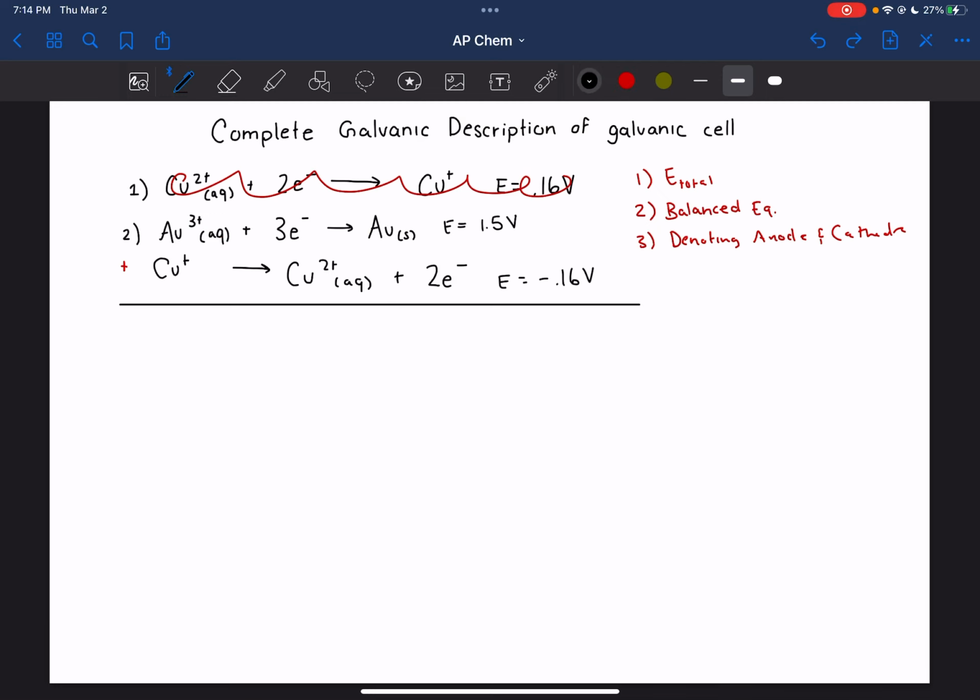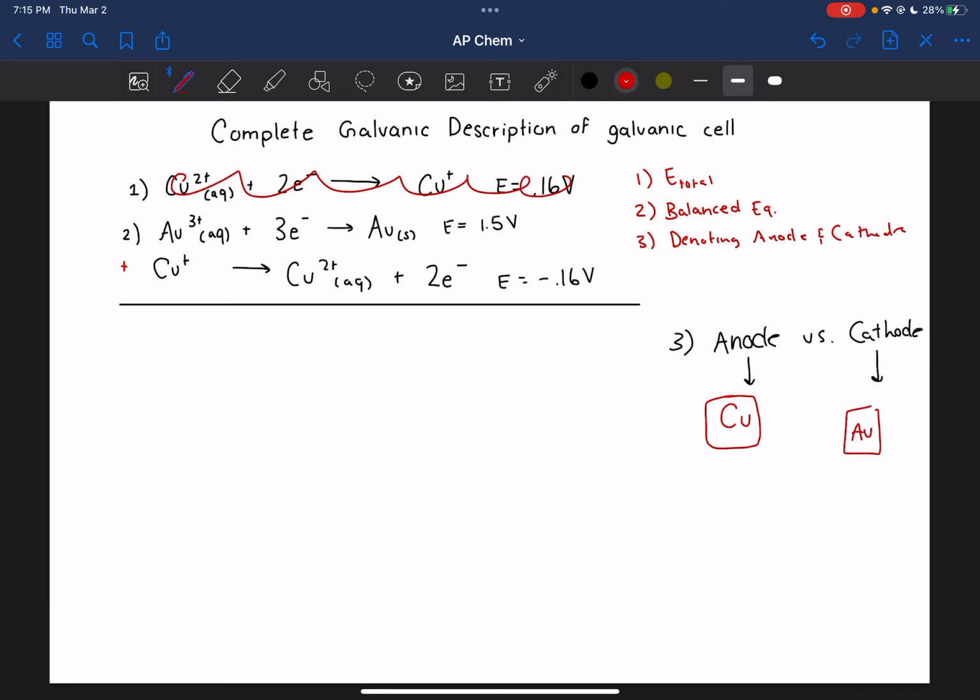So the first thing I'm going to do is actually number 3, to denote the anode versus the cathode. The anode will be wherever the oxidation takes place, and we just said that Cu plus going to Cu2 plus is being oxidized, so the anode is where the Cu is, and our cathode is where the reduction is going to take place, which is our Au.